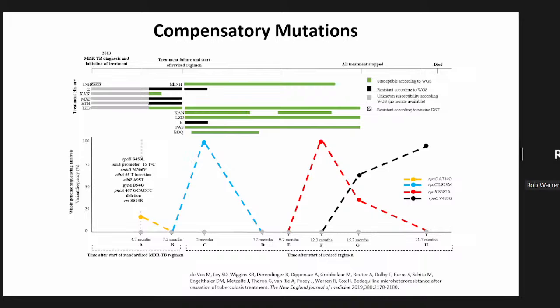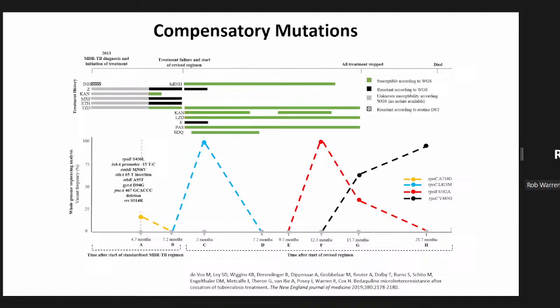And here we see in this patient how compensatory mutations known to occur in rpoC are emerging. And then there's another mutation coming in rpoB and another one in rpoC as different populations are present, implying that the bacteria is adapting itself to this new resistance mutation that it's got in order to retain its fitness and cause disease.